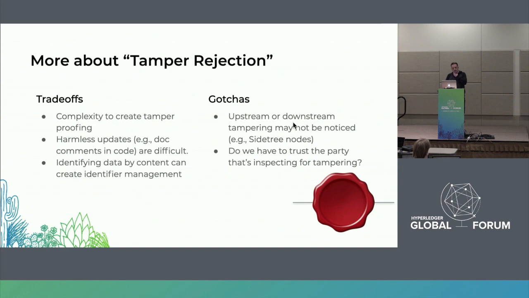Some trade-offs and gotchas with this pattern. There's some complexity that you're incurring sometimes when you do the tamper proofing. You often make it difficult to do harmless updates. And those people like Alex who have been down in the guts of a distributed ledger or a blockchain code base really get this at a kind of an instinctive level. Because these things are not going to let you change anything without a new transaction.